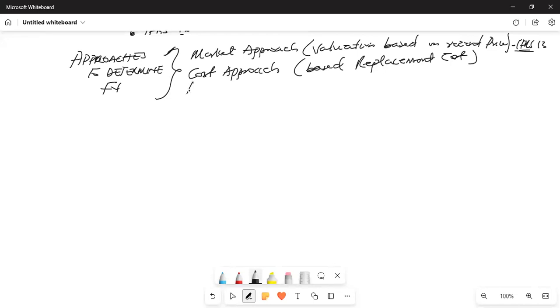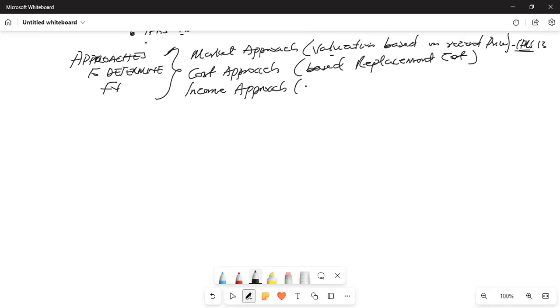What do you think the income approach will be based on if you connect it to what we did in the conceptual framework, which I even started the class with today? If this one is for IFRS 13 and this one is the replacement cost, what do you think this one will be based on? Yes, anyone? Let me see a hand raised.